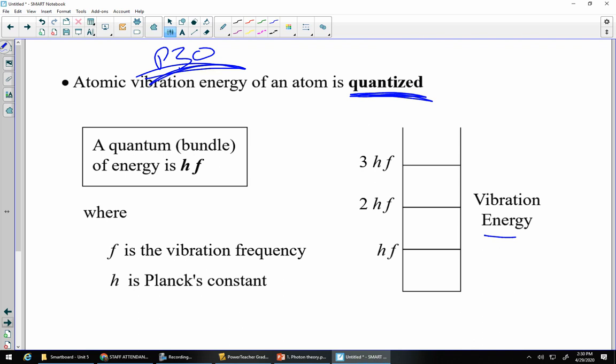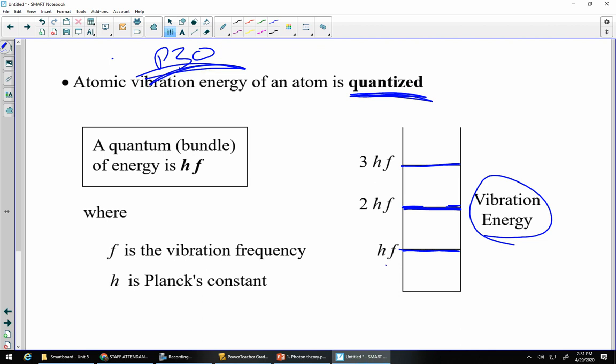So if this is our vibrational energy, and this is a little chart of our vibrational energy, you can have an atom vibrating with this amount of energy, with this amount of energy, with this amount of energy, but not with this amount of energy. So nothing in between, which is kind of interesting and, well, to be totally honest, very different from what we've seen before. So it has to be at very particular places.